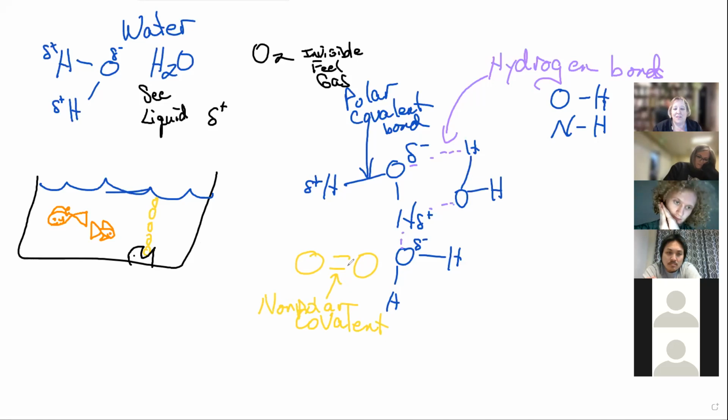So when water forms this cage, I've got an oxygen here, and here, and it's hydrogen bonding here, and this is hydrogen bonding here. The oxygen, which is non-polar, gets excluded. Let's change colors.